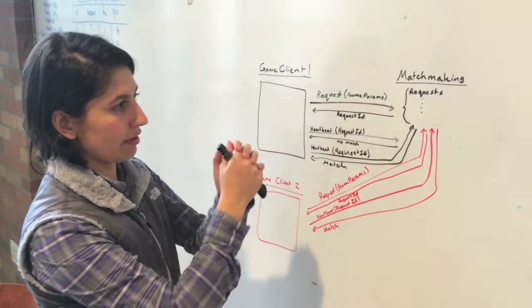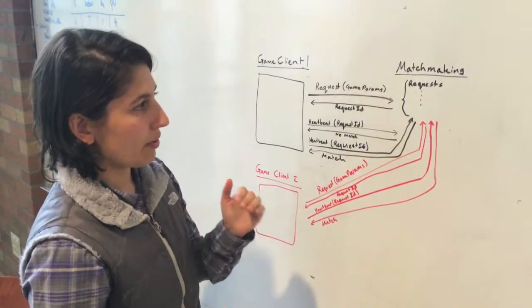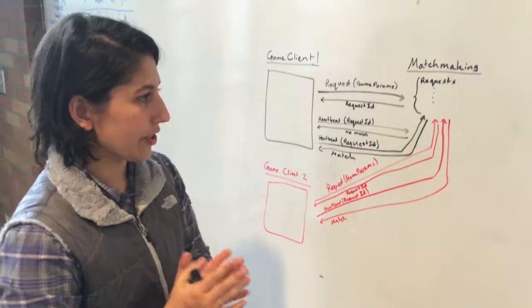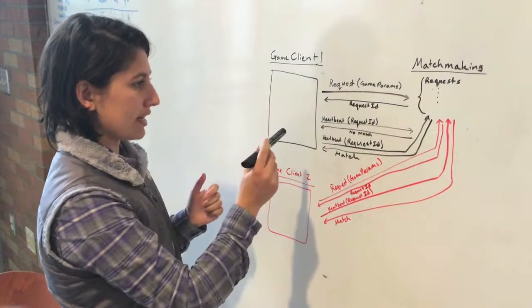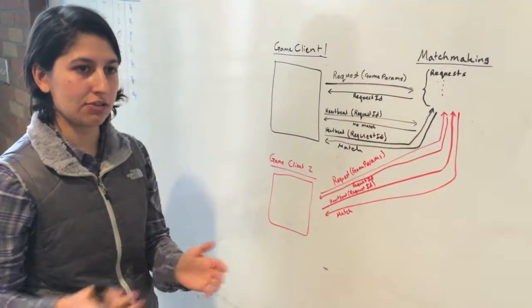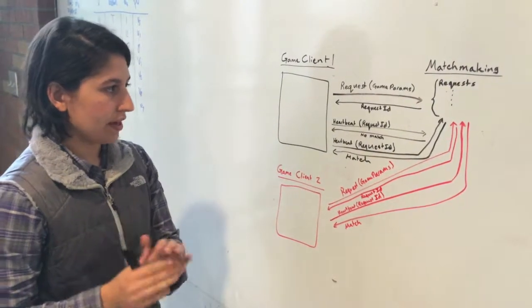This request, if nobody else meets their match yet, would go into the pool of requests that are waiting for a match. At that point, the matchmaker returns a request ID to that client, saying, okay, this is the ID that you need to ask me about whenever you're asking if I've found you a match yet.